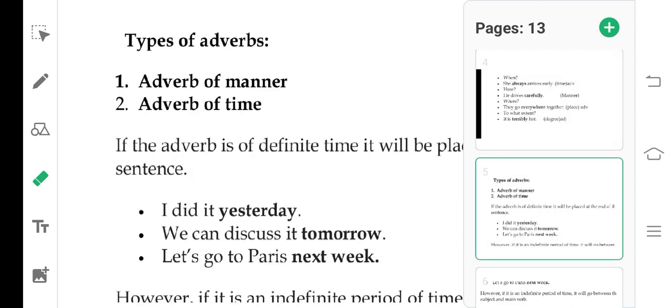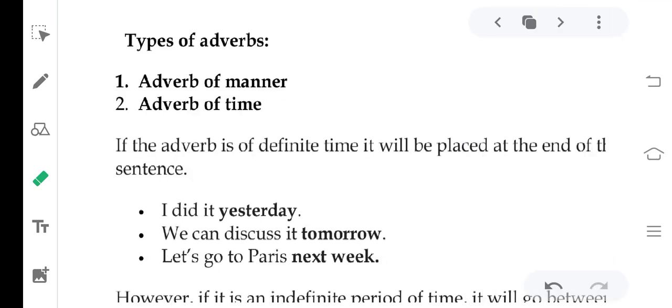Let's move on to the next slide. Now we are going to learn the types of adverbs. There are four types of adverbs: adverb of manner, adverb of time, adverb of degree or frequency, and adverb of place.